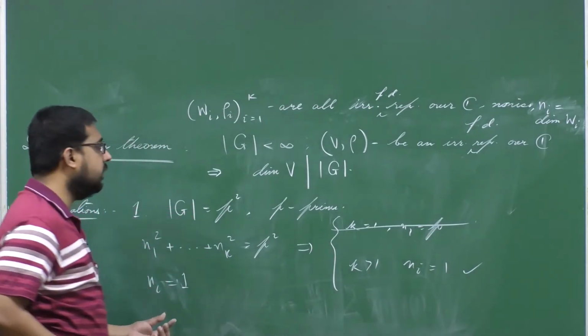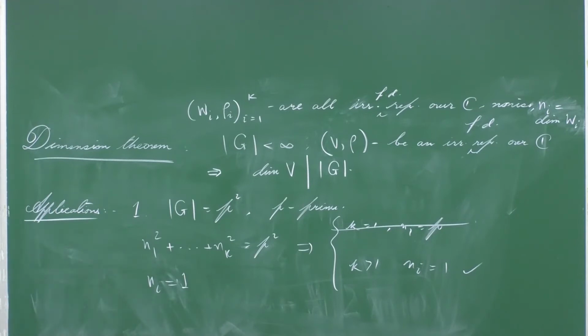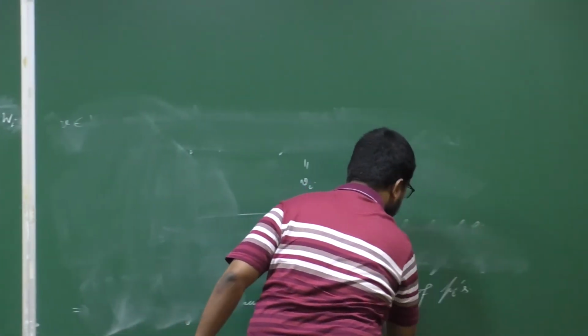So what does this mean? All irreducible representations are of dimension 1, and that actually tells us something very interesting. I think we should do that as a separate theorem.